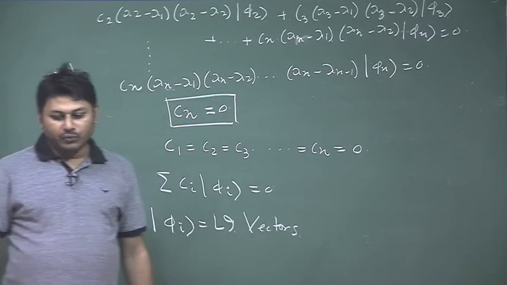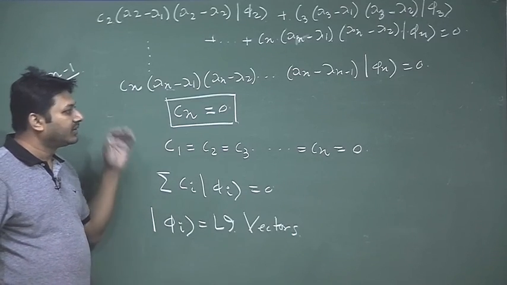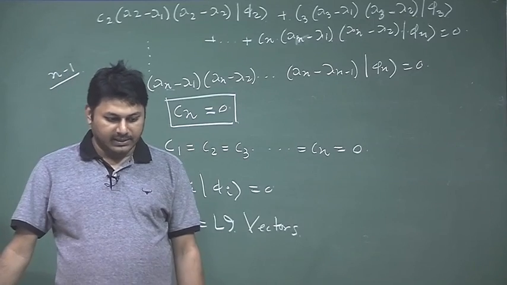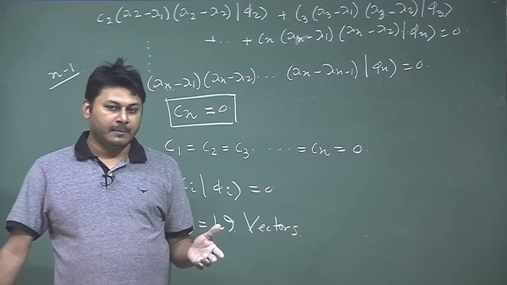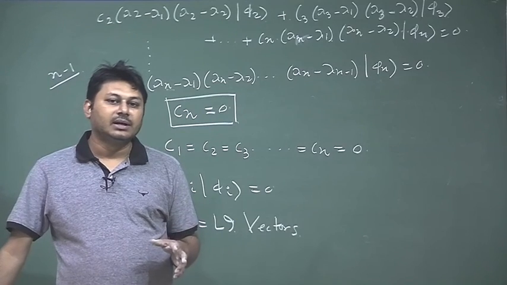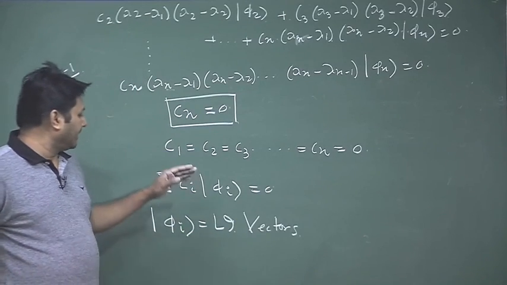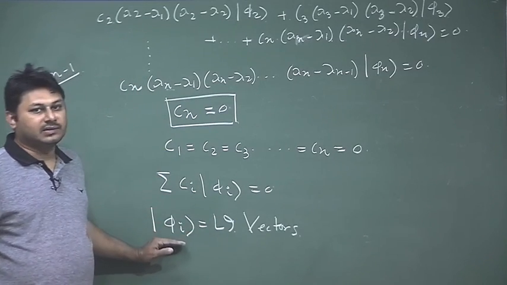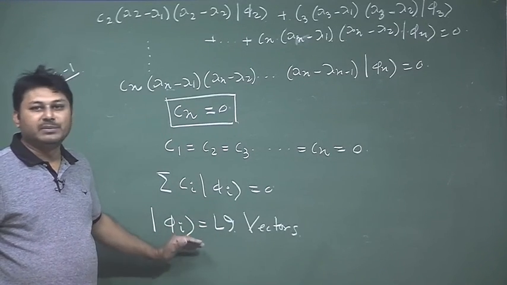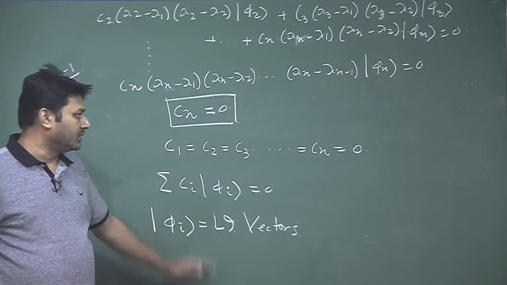With this proof, it is a very important concept. If a matrix has eigenvalues which are distinct, not the same as each other, then the corresponding eigenvectors are linearly independent. You should remember this concept, it will help you in future.